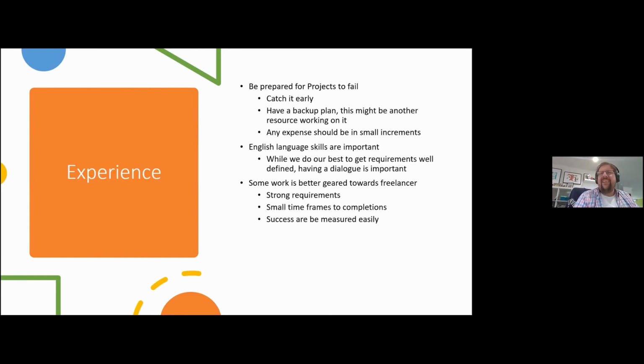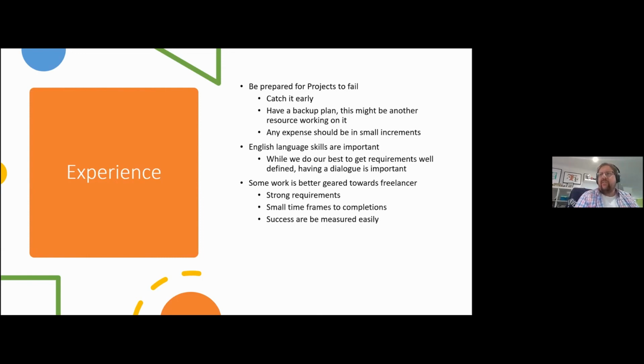And if the cost is right and the scale of it is right, then it's not a great expense. And again, keep your expenses small, so if it does fail, you're not breaking the bank, right? I found with English language skills, and one would argue that English is not my first language, even though I don't have a second, that when you require discussions around requirements, dialogue is important.